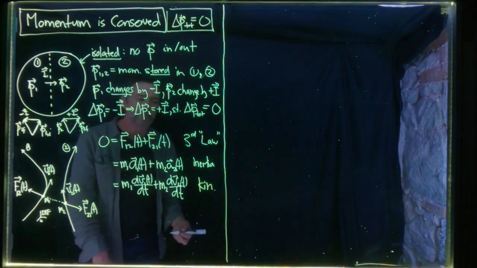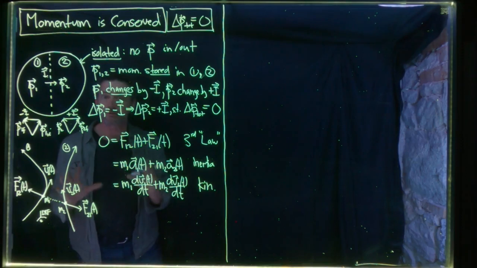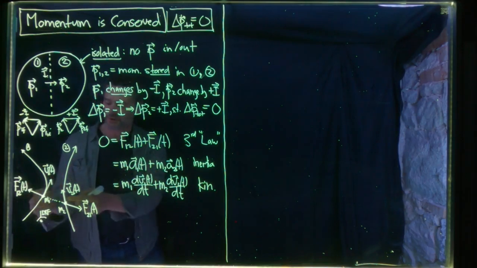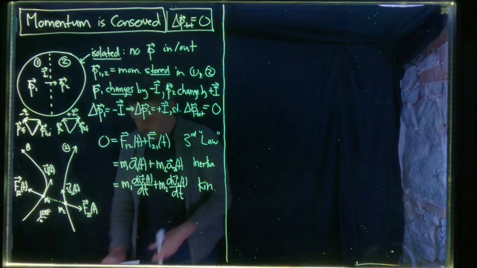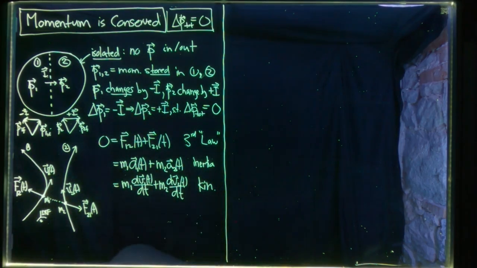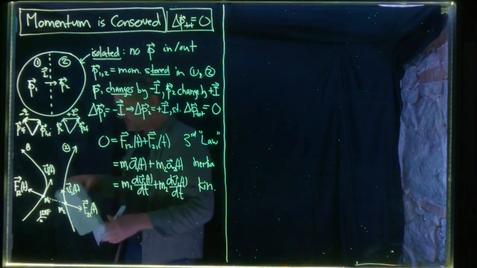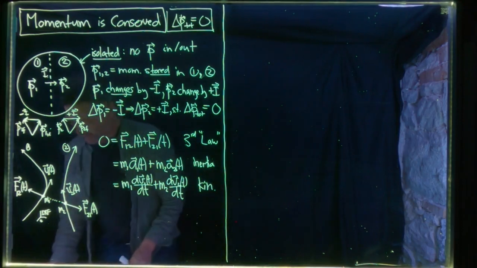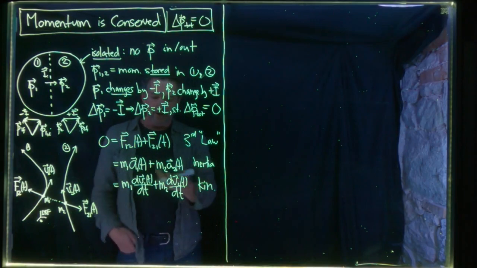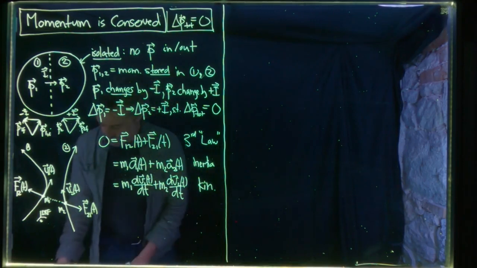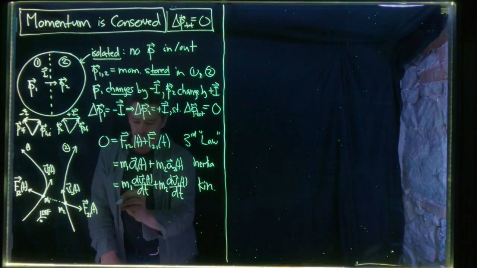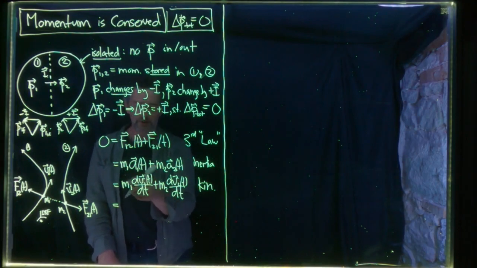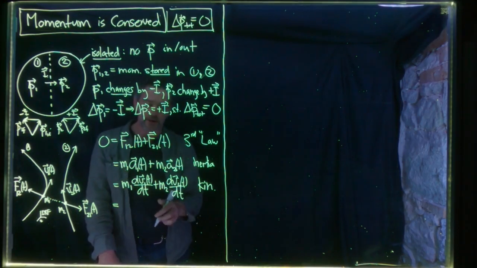Okay, and then let's suppose, just for simplicity, keeping things as simple as possible for now, that these two masses are constant. They're not changing. That's not the only thing we'll consider. We will consider changing masses when we consider how rockets work and so on. But for now, we'll assume that m1 and m2 are constant, which means that we can take the mass m1 inside the time derivative.